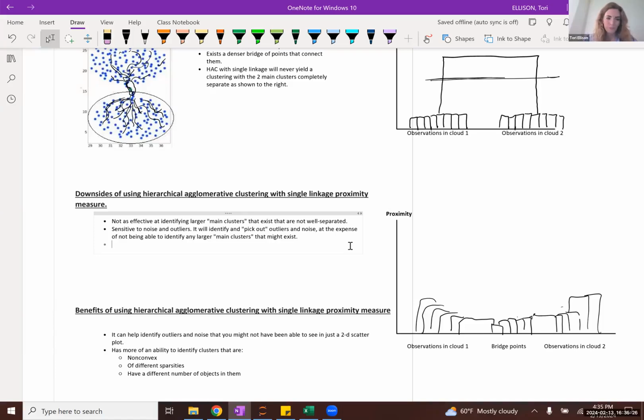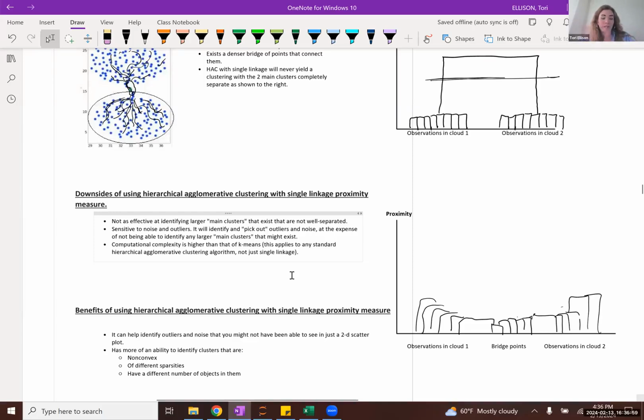So the computational complexity is higher than that of k-means. This applies to any standard foundational hierarchical agglomerative clustering algorithm, not just single linkage.